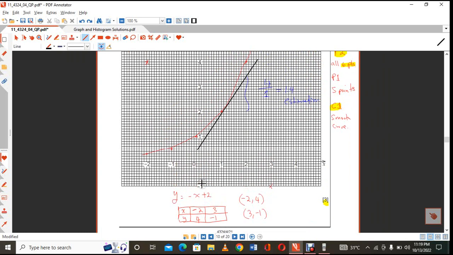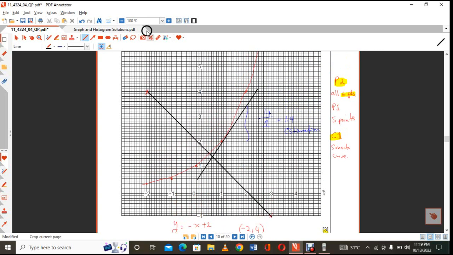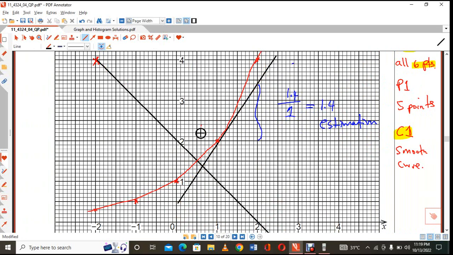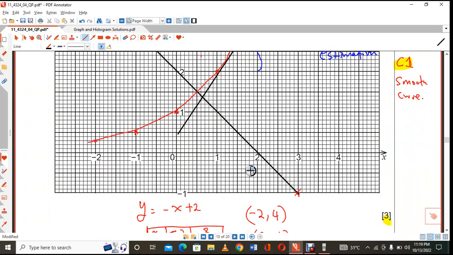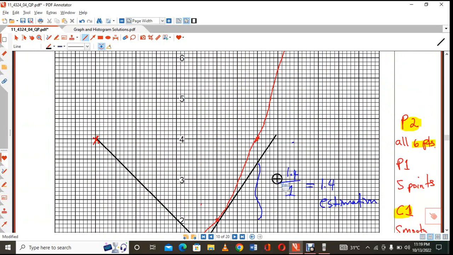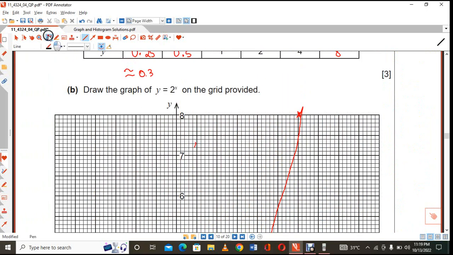Because I want to fit it in there, I'm going to start over there, right to over there. More or less, that will be my line, ladies and gentlemen. You go ahead and label these things. This one is the function y equals 2 to the power of x.